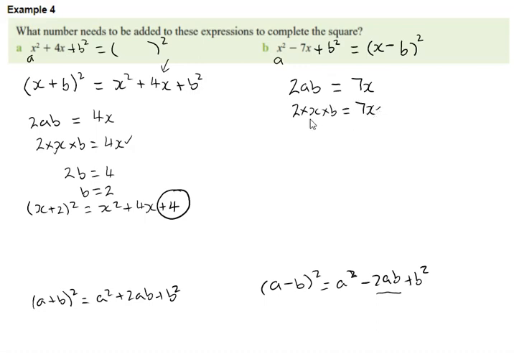This x and this x are the same, so I can just look at the numbers. 2b equals 7, therefore b equals 7 on 2. So this 7 on 2 will be in here, and my b squared is going to be 49 on 4.